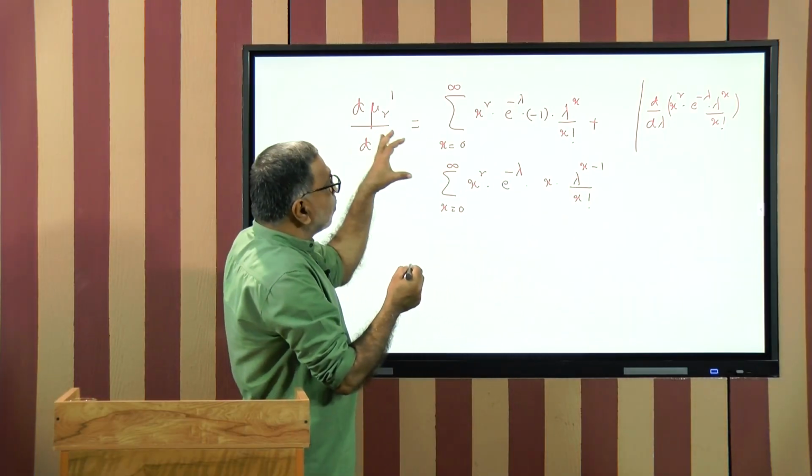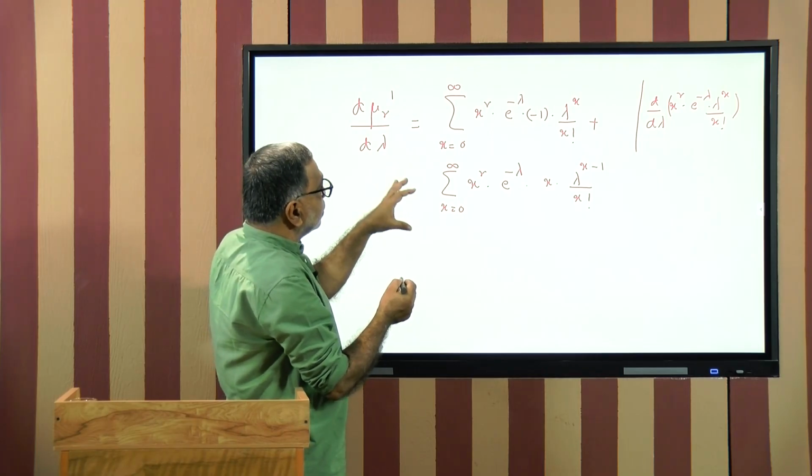So, that is the derivative of mu r dash with respect to lambda.